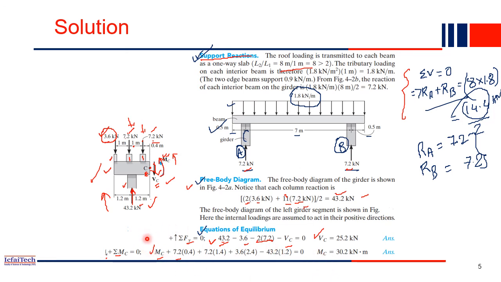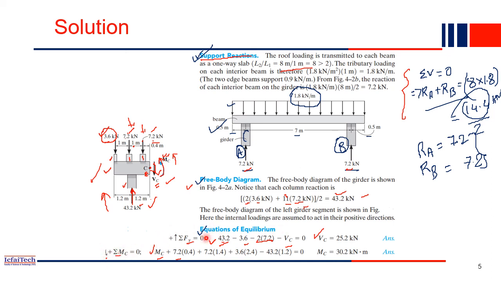Like that, we can calculate at any point the shear force and the bending moment in a structure. Our first step is to find the support reactions, which is what we have just calculated. Our next job is to draw the free body diagram, which we have drawn. The last step is to apply the equilibrium equations: summation of all horizontal forces equal to 0, summation of all vertical forces equal to 0, and summation of moments about any particular point equal to 0.